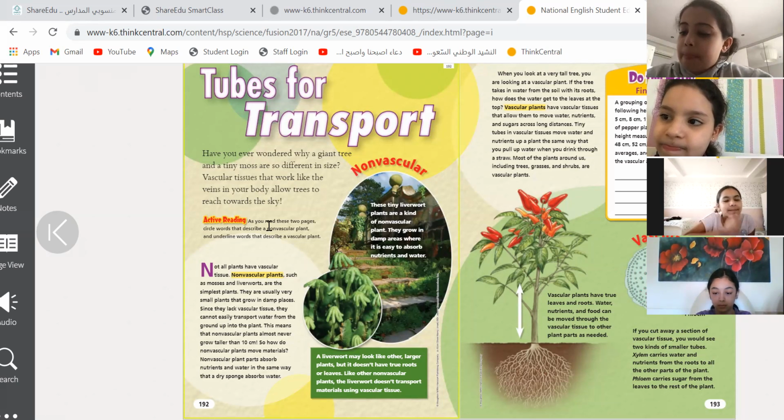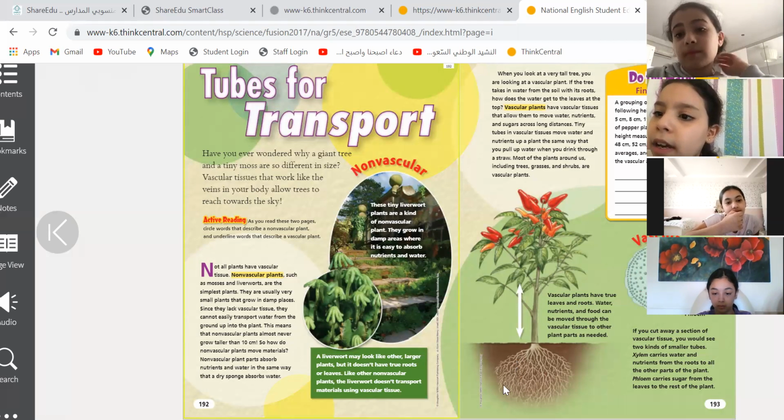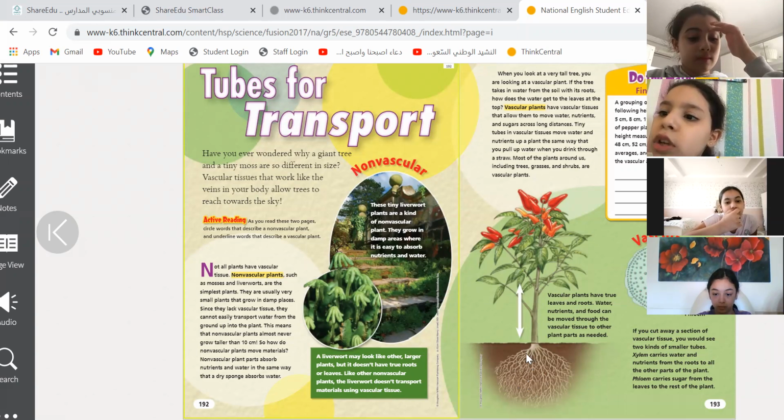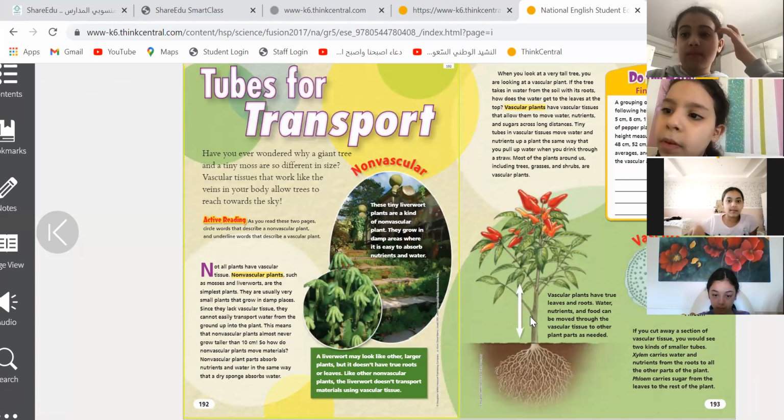Why vascular? Why did I say tubes? Because they're like tubes. What do we use them for? So they could bring the water and food up. Minerals.